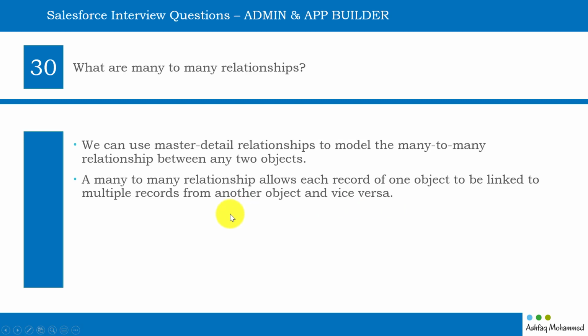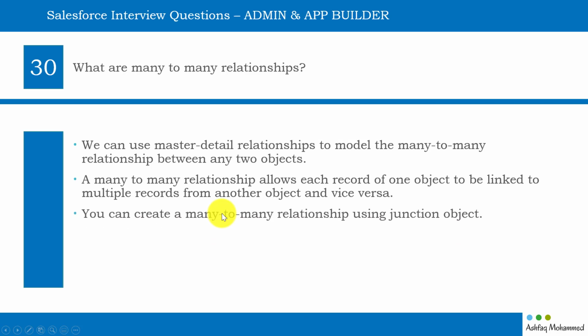My best example for this is student and courses. One student can be enrolled into multiple courses, and one course can have multiple students. At that time a normal master detail or lookup relationship will not work. You have to create a junction object.